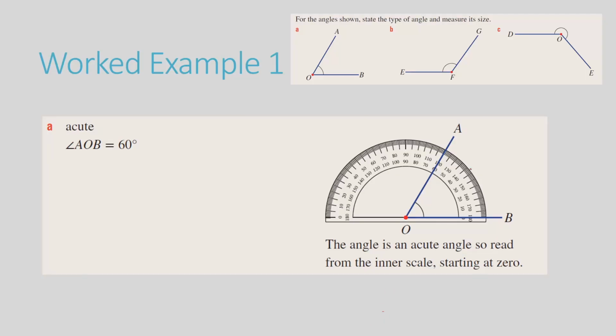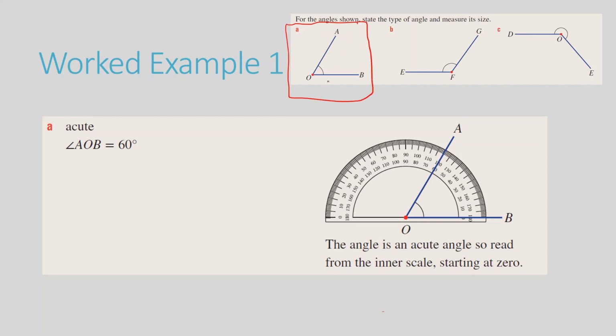So here we're going to look at some questions. For the angle shown, state the type of angle and measure its size. So you don't just have to find what the degree is. You also need to tell me what type of angle it is. So it says AOB. This is the first one we're doing.